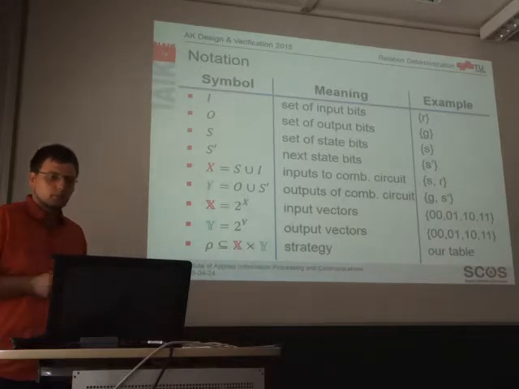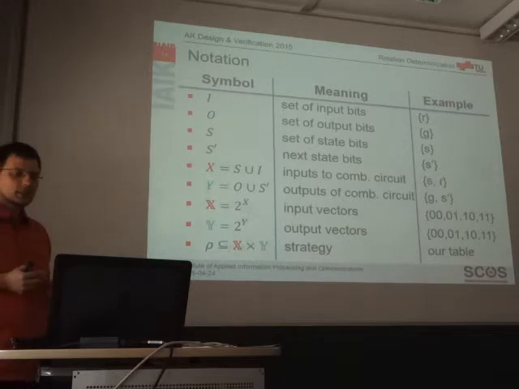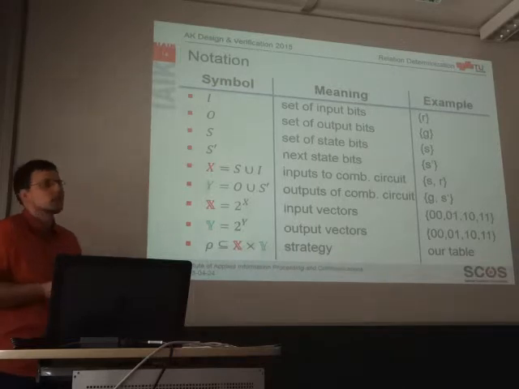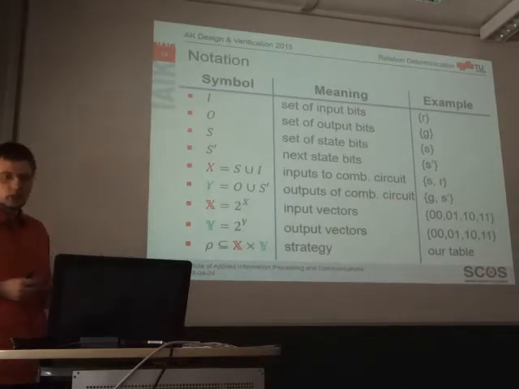And obviously our strategy, which we usually denote by rho, is a subset of the cross product of these two power sets, which in principle could be represented as this very big table. And in the examples that we are going to do, they will be small enough so that we can actually look at the table.